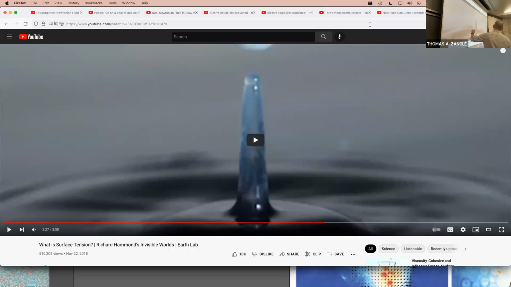But there's a lot of interesting things that even humble Newtonian fluids do, and that'll be the subject of this course. So this is a video about surface tension, which we're going to talk a little bit more about today. Okay, so we're talking about surface tension here. Right, so this kind of thin film type behavior that occurs at the surface or at the interface between, for example, water and air.